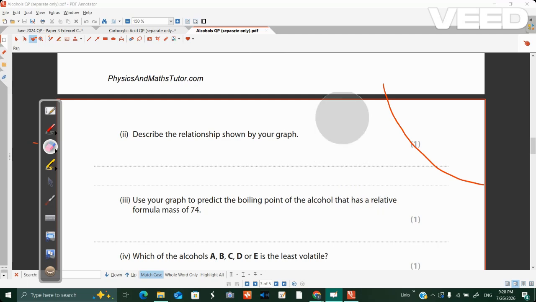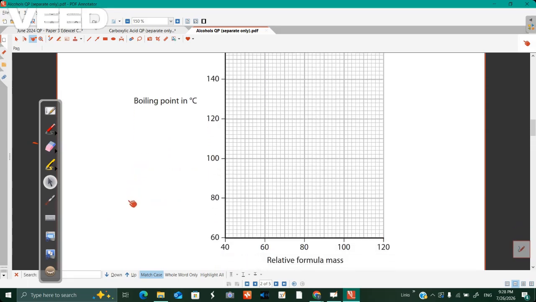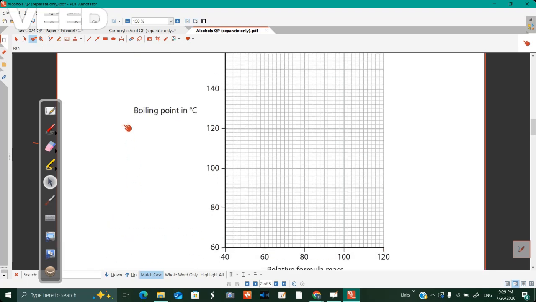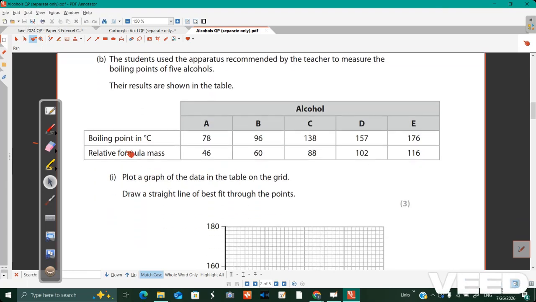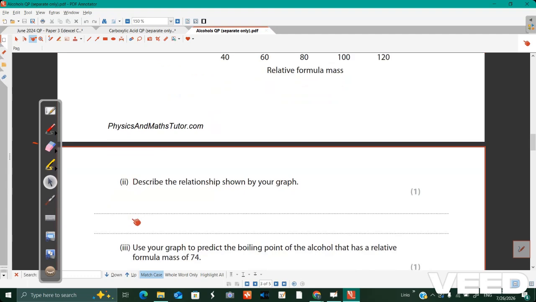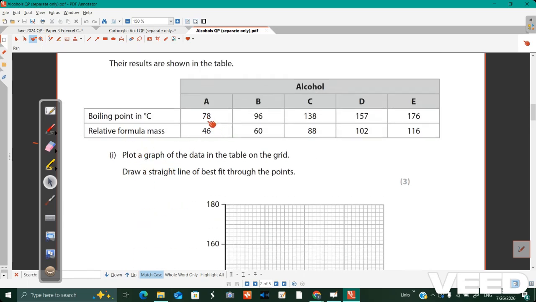Describe the relationship shown by your graph. What sort of relationship is it?